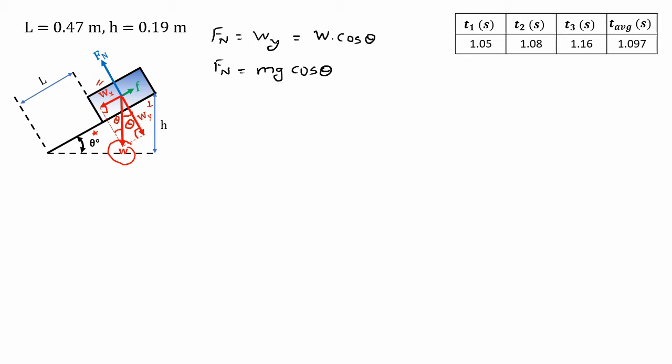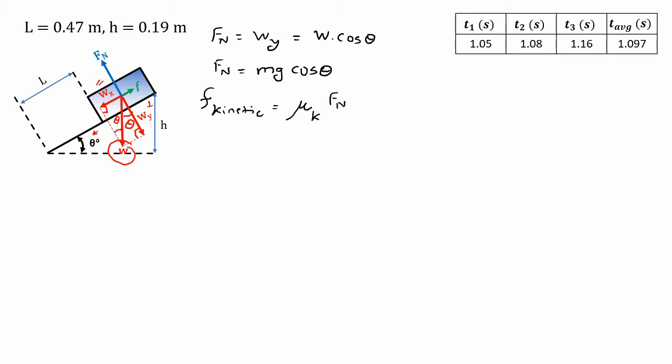Now here we're going to introduce the equation for friction. In our case, since the block was sliding, kinetic friction comes into play, and the friction here is equal to mu subscript k times normal force.